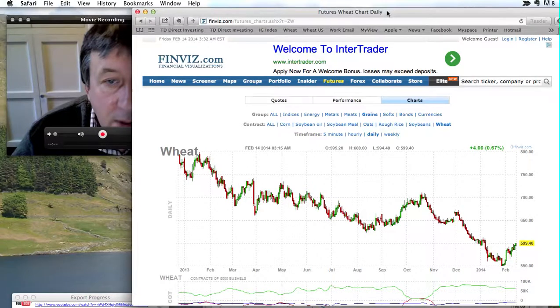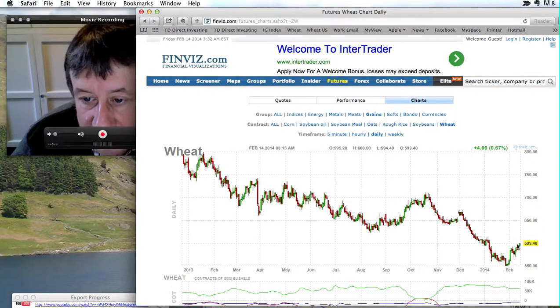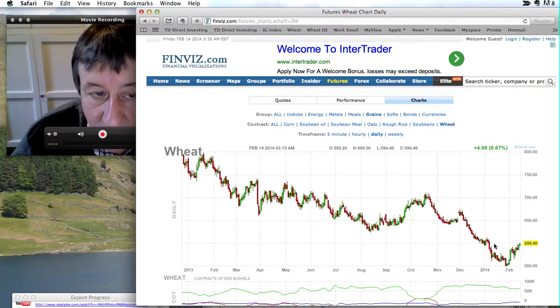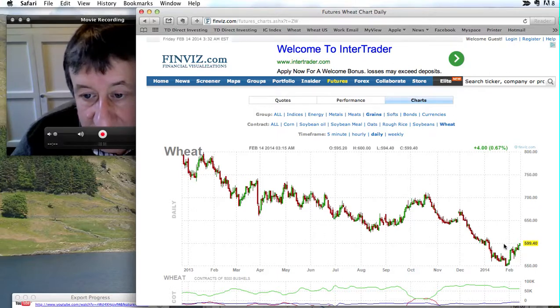You can see here that we're coming up to test the $6 level, which was last seen actually at the start of January, and where we saw this recent fall over Christmas take place. So that has recovered, where obviously we're playing catch up on the UK wheat at the present moment.